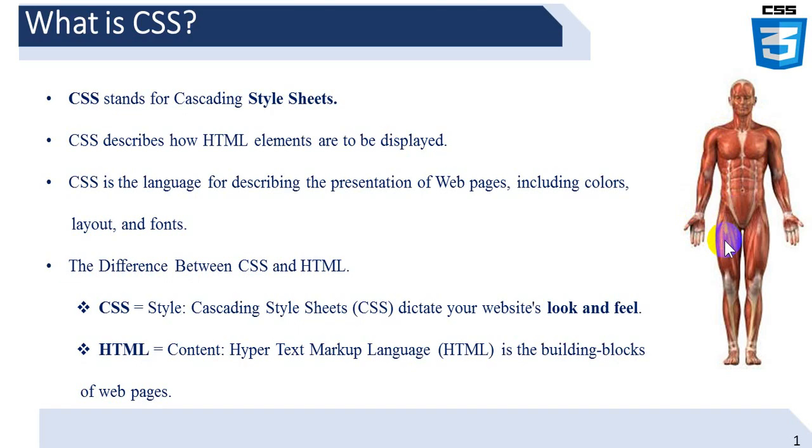I showed you one more image which had only the skeleton part, right? So CSS stands for cascading style sheets. Why we call it style sheets means it is just a sheet, which we will see later. CSS describes how HTML elements are to be displayed.